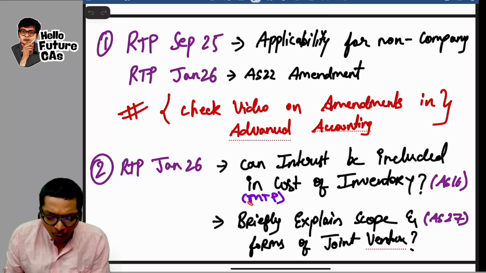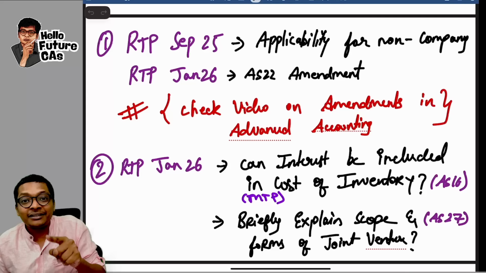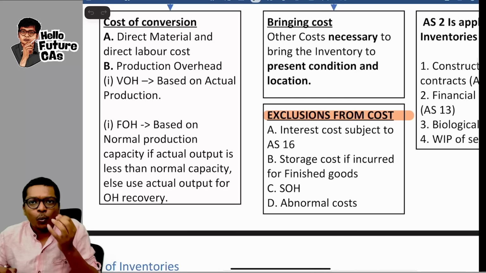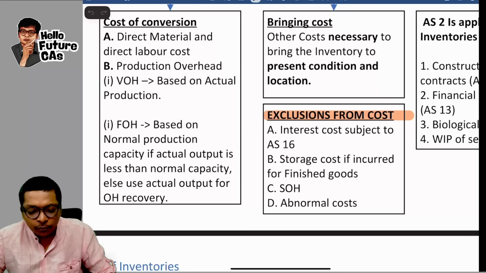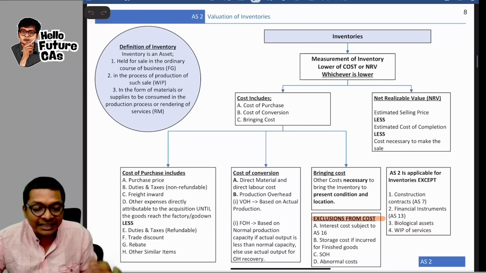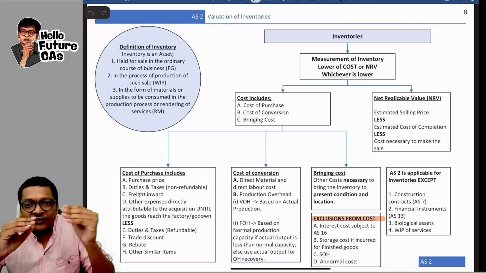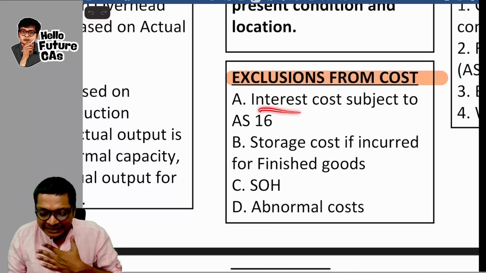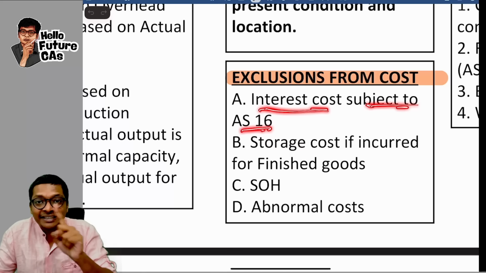Related to this, the latest mock test paper of Jan 26 exams, series 2 has this question. In that question, they're asking, what are the exclusions from cost when it comes to inventory AS 2? So in my notes of AS 2, exclusions from cost, these 4 things are there. Interest cost subject to AS 16.